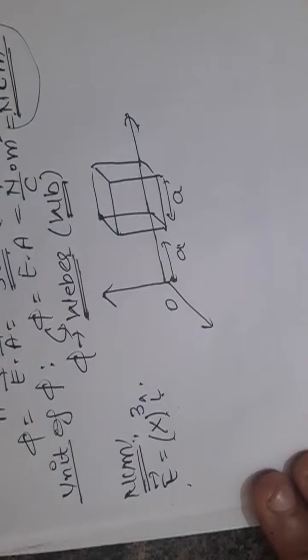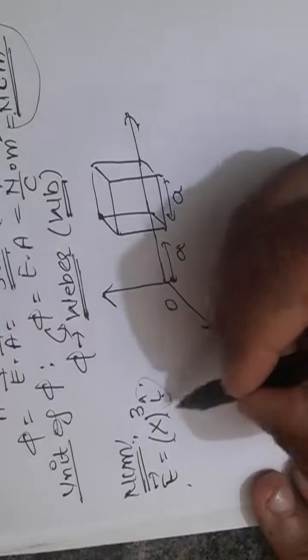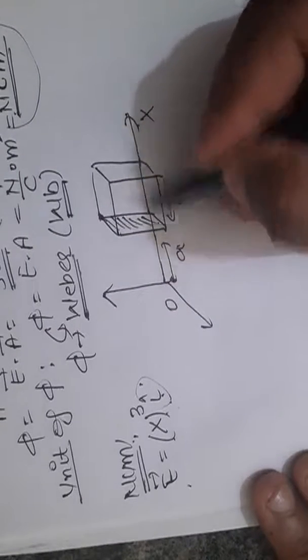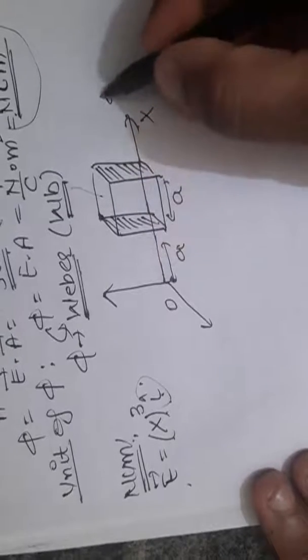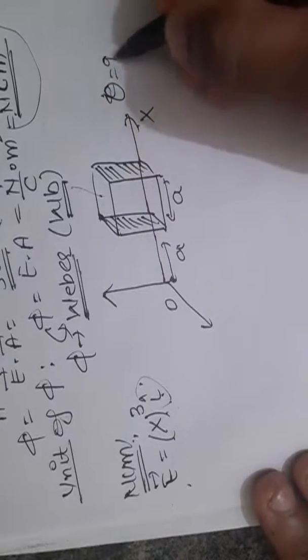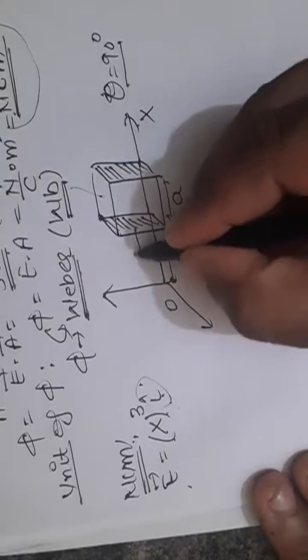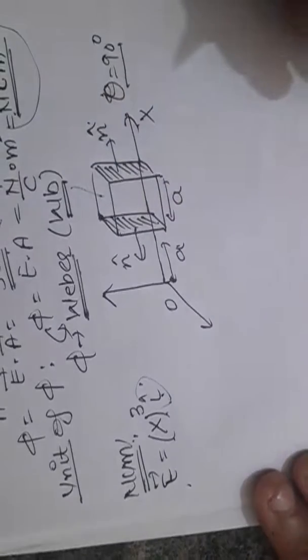No problem, let us start solving this. The electric field is along the x-axis, so I will consider only two surfaces, because for all the others theta is 90 and cos 90 is 0. For this surface the normal is in this side, and for this surface the normal is in this side.